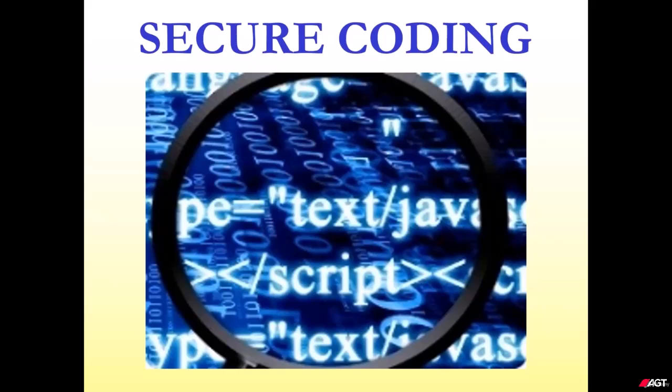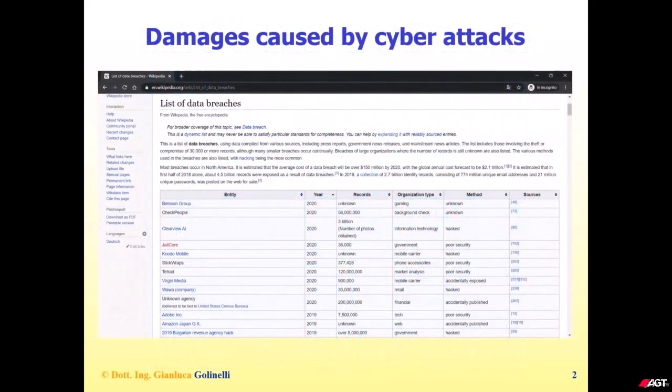In this lesson, I will talk about recent statistics related to cyber attacks and the most common types of attack agents. In recent years, there has been an exponential increase in cyber attacks.